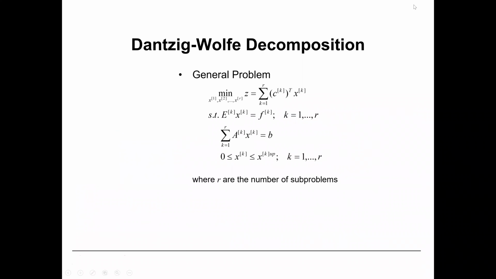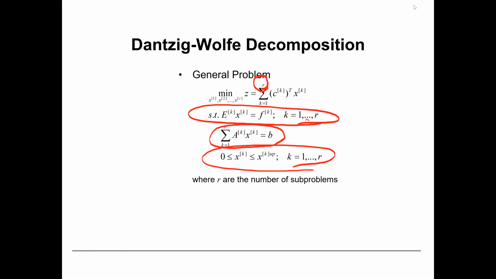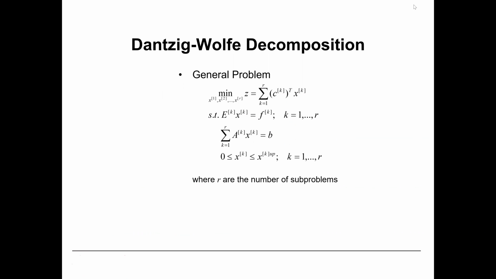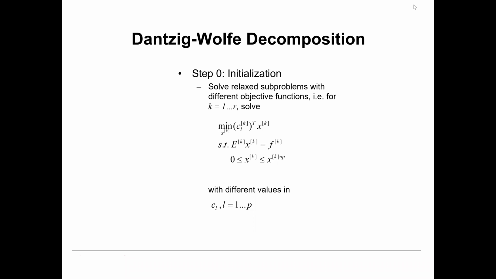Right. So again, here's the first step. We have this problem, we have our subproblems, we have complicating constraints, we have non-complicating constraints, and we have the constraints for our variables to be positive. Step 0, initialization.